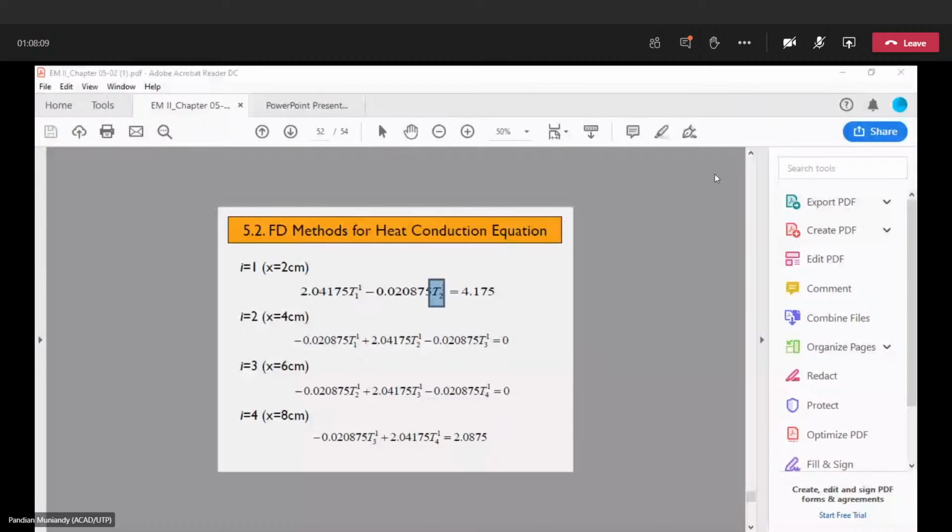T14 equals 2.0875 plus 0.020875 T13 divided by 2.04175. But T13 is 0. T13 is 0. So therefore, 2.0875 divided by 2.04175.